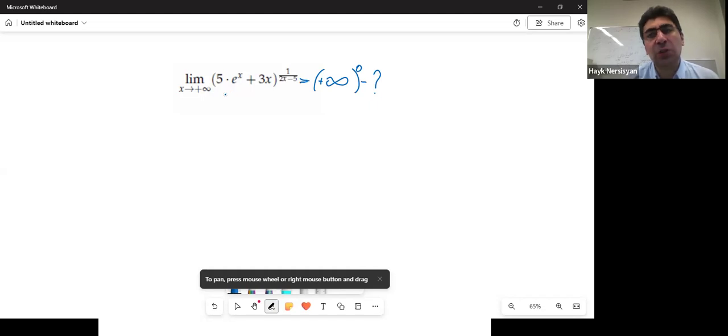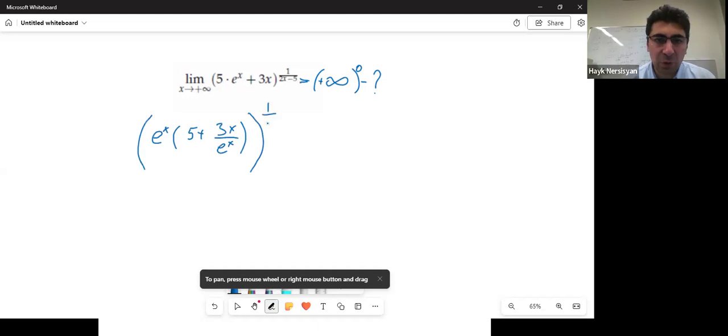For example, the fastest way to calculate this limit is to take exponential x into common. So we will get e to the power of x multiplied with 5 plus 3x divided by exponential x, to the power of 1 divided by 2x minus 5.